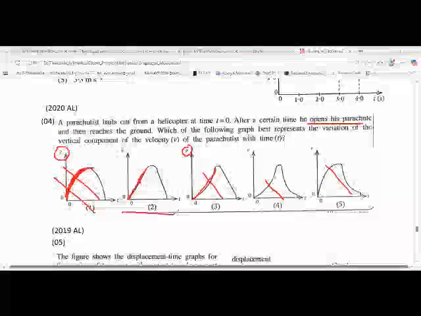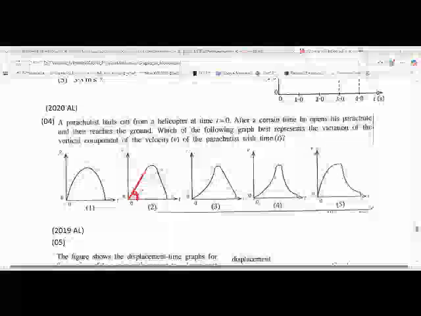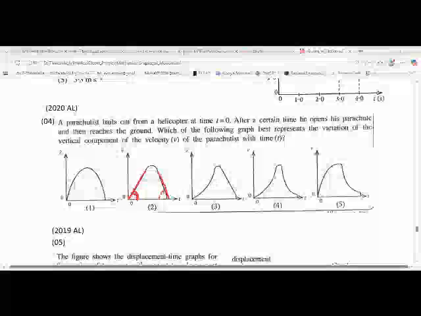Also, you can see that after opening the parachute, the acceleration should be smaller than the previous one. Here you can see, this time we can't accept this graph because the inclination, which represents this angle, is greater than the previous one, but it is a deceleration.